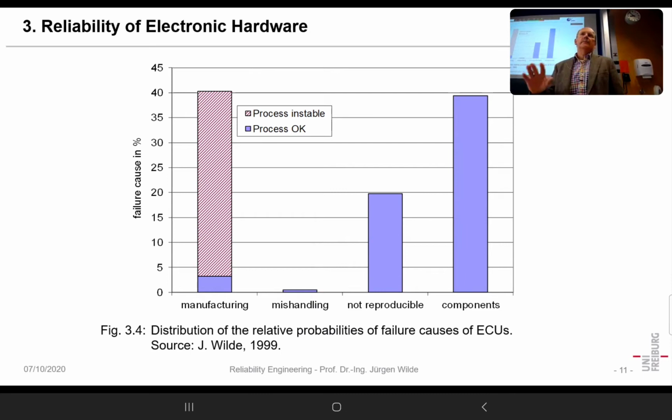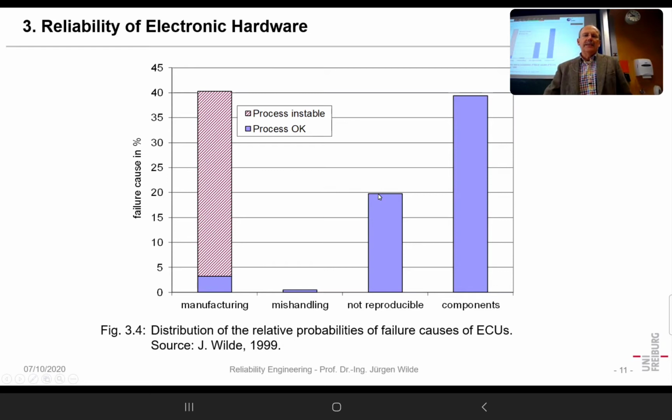Components will have a high portion of all failures you will see, and that means it is very important what to purchase and from whom to purchase, and to specify correctly.